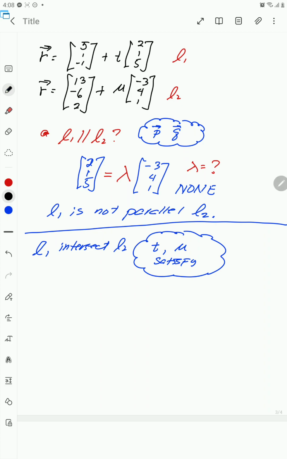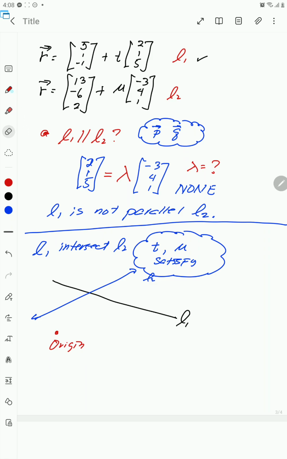So just for you to imagine, let's say this is your line 1, just an example. And then you have a line 2. Let's say this is your origin, the (0, 0).